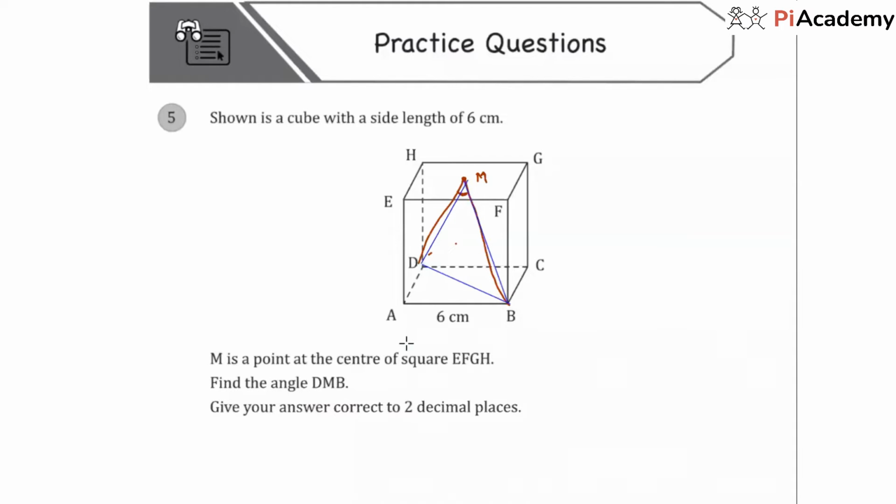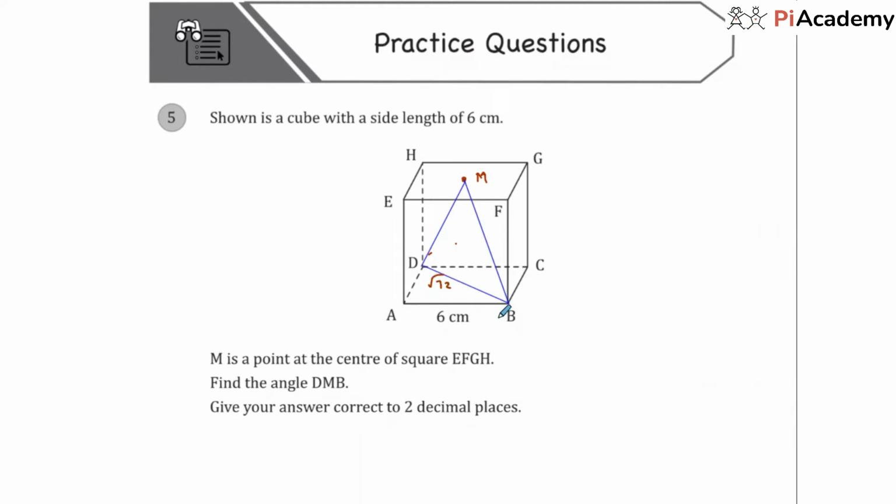So if you have 6, and it's a cube, the line DA is also going to be 6, right? Yes, it is 6. So 36 plus 36 is 72, and the square root of 72 will be the length of DB, will it not?